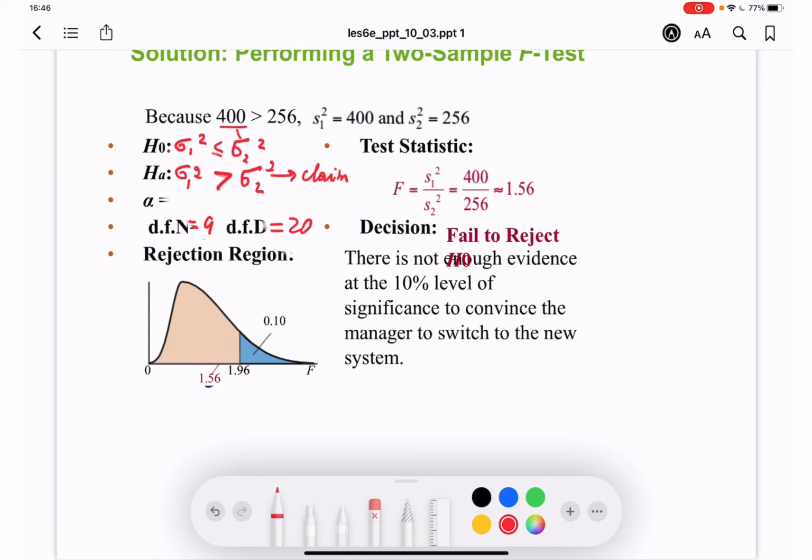Degree of freedom for the numerator is 9, and for the denominator it is 20.